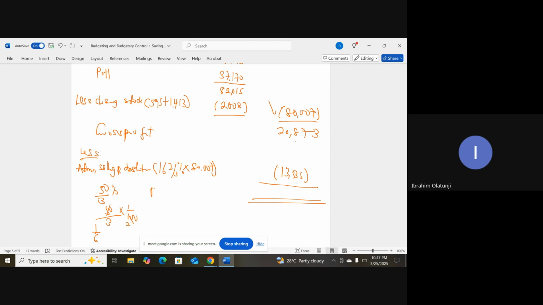So when you subtract it, then you get your budgeted profit or loss. It depends on whether it is positive or negative. If it is positive, then it's budgeted profit.